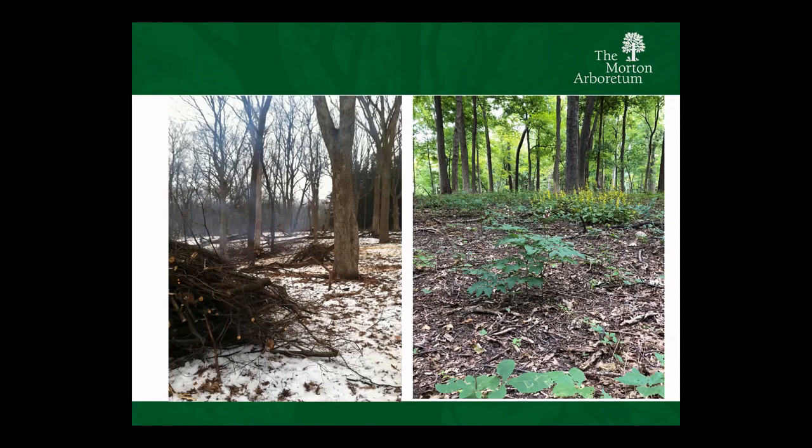So it's really sections like this that I have no plans to reintroduce native seed or any native plants. I just want to use the various tools in the management toolbox to facilitate the natural processes and let the natural processes take over. So ultimately, land use history makes a big difference in the strategy of controlling invasive species here.